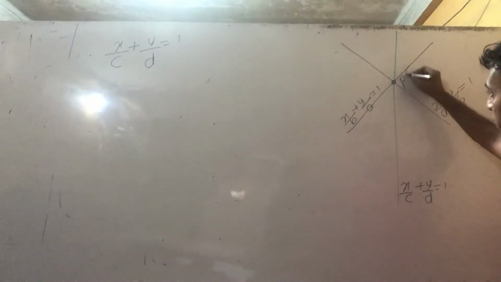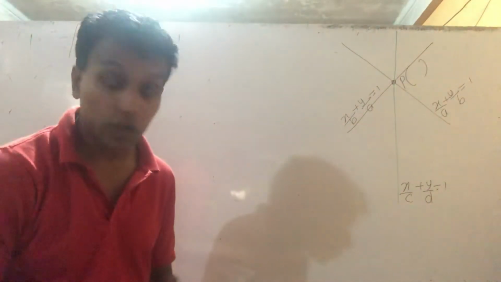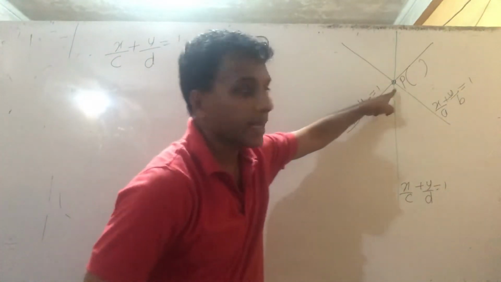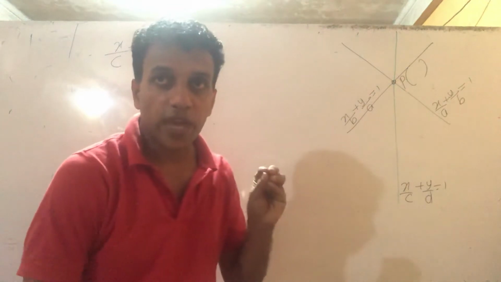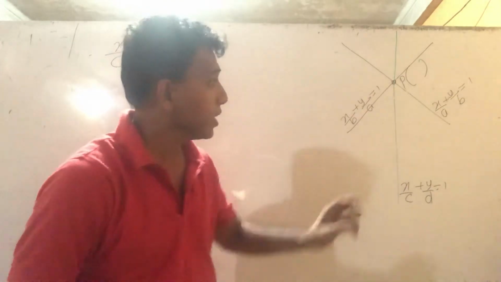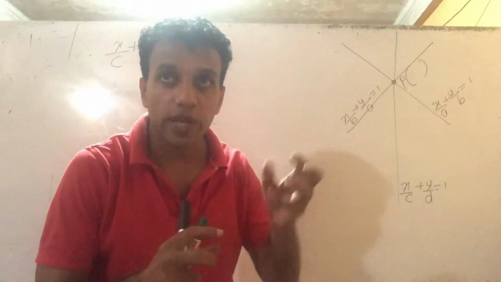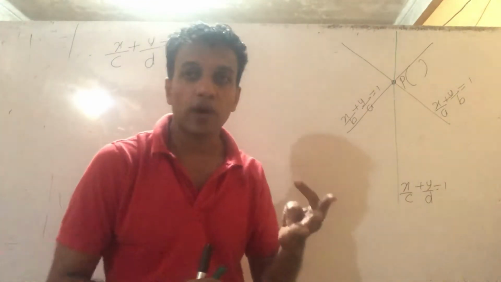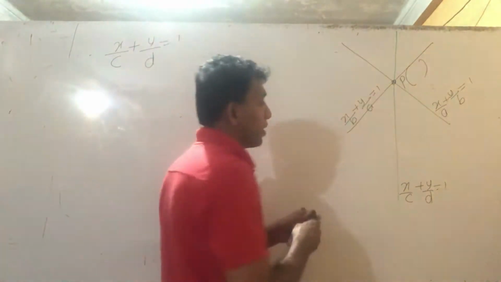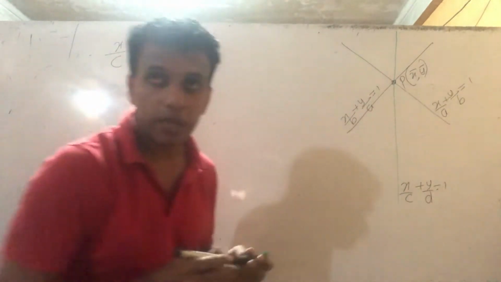If the point is P, so simple question using a basic idea of the coordinate geometry of straight line. These two straight lines cut here. If you know how to calculate the coordinates of intersecting straight lines, you solve these two equations. If you solve that, you can find the x answer, also the y answer. That's the coordinate of the point P. If I mark those x bar comma y bar, the coordinate.